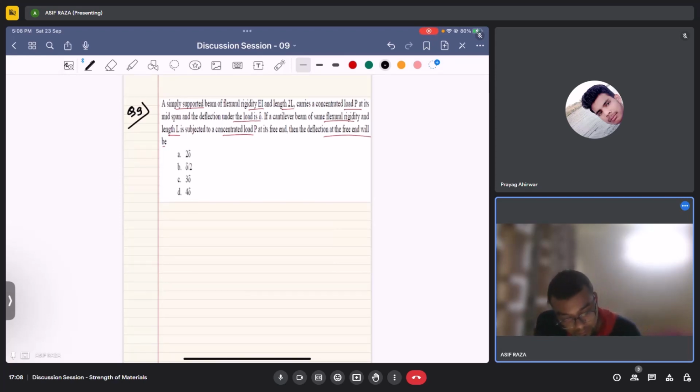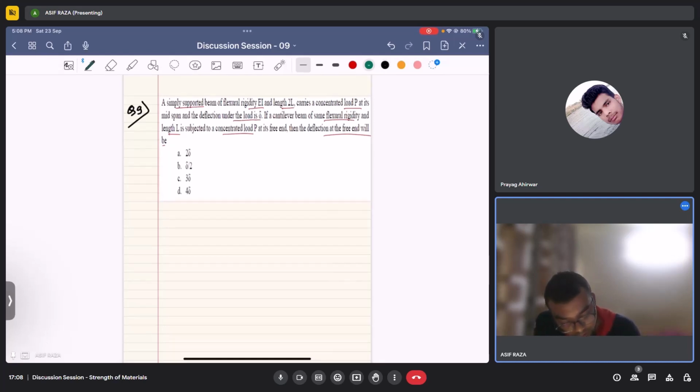So the first part of the question is, we are given a simply supported beam. It has a span length of 2L and flexural rigidity EI, and carries a concentrated load P at its center, C. So the deflection under that load is delta, that is delta C is equal to delta.